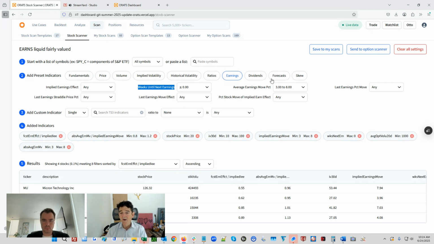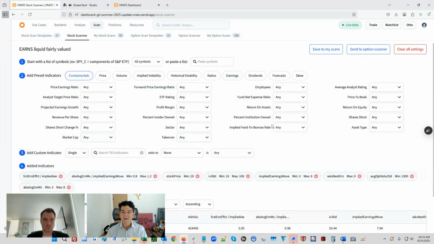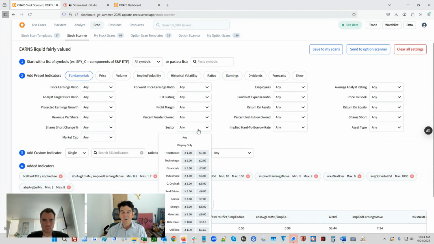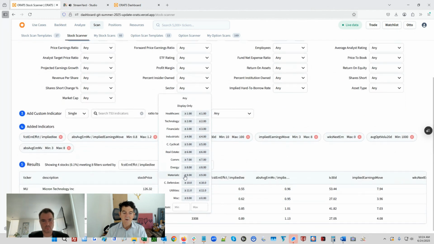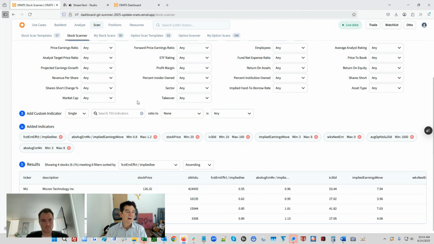I could also pick a sector or not, or have sectors that I don't want in there. So if I don't want healthcare, if I don't want utilities, I could say between 3 and 9 or whatever. So that's pretty cool to get the right sectors, because sometimes if you get a biotech, you don't really want that.